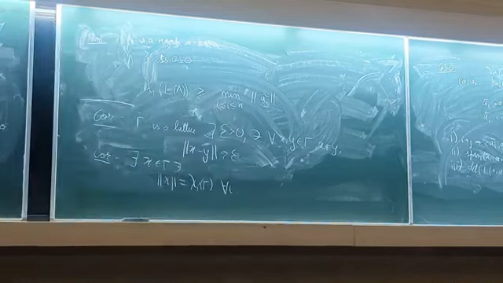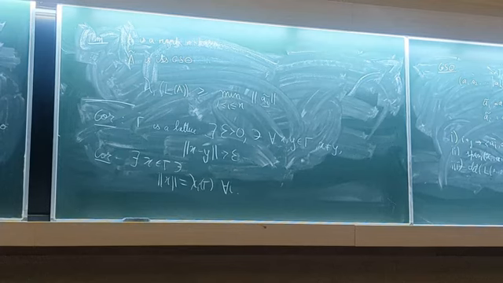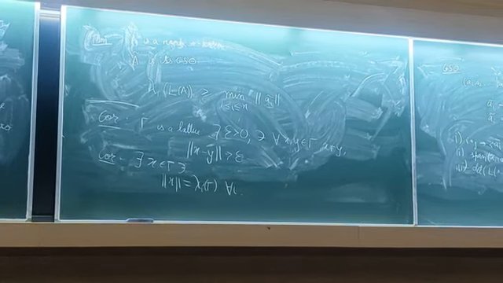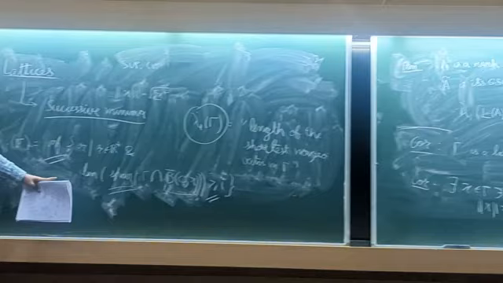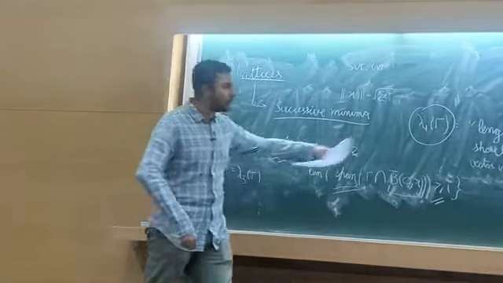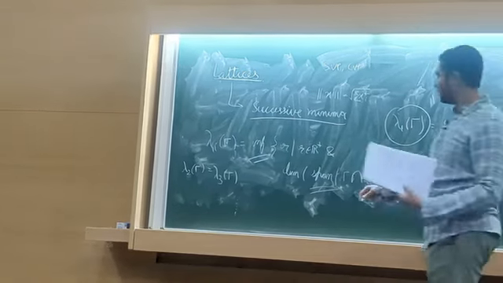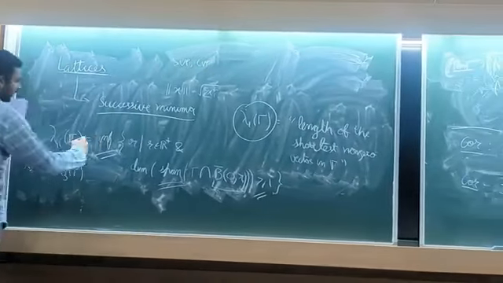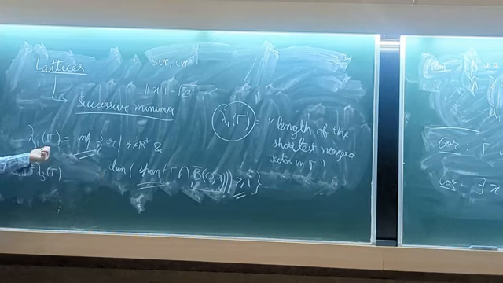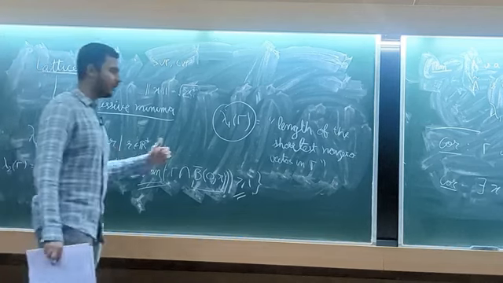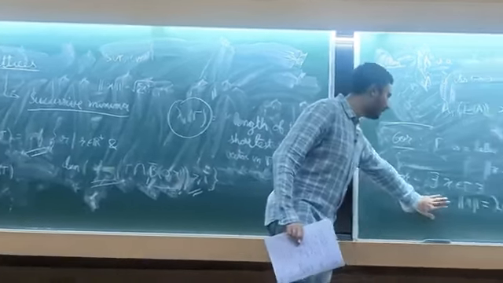Why is this true? Because I defined lambda i, the ith successive minimum, as the infimum. So if I hadn't defined this, maybe there would be no such x for which this would be achieved. I could just take a larger ball, but I have defined it as the smallest one. That means there must be some vector which achieves this. Okay, that is another important corollary, right?